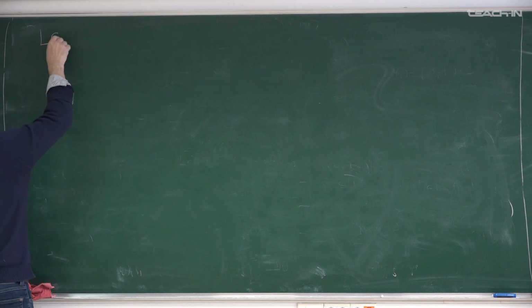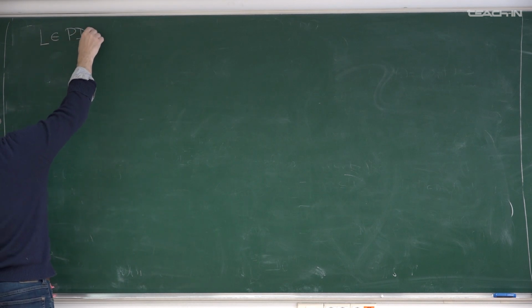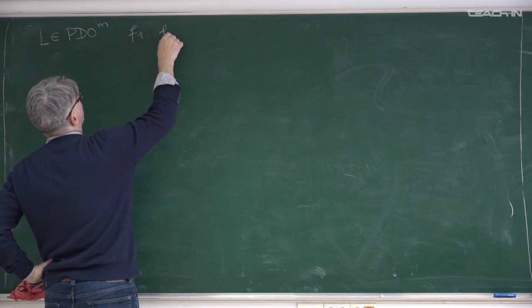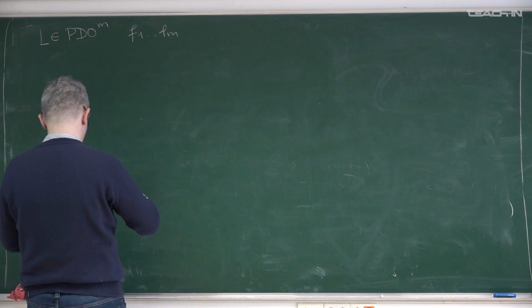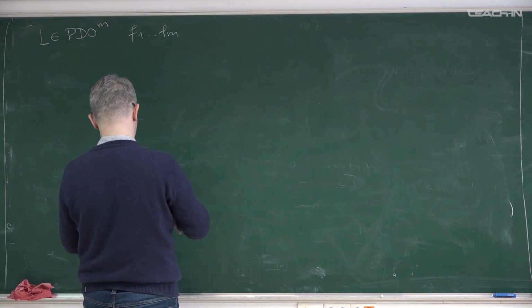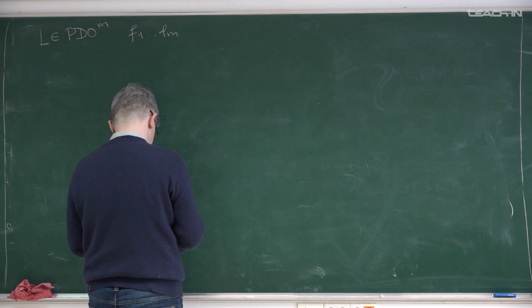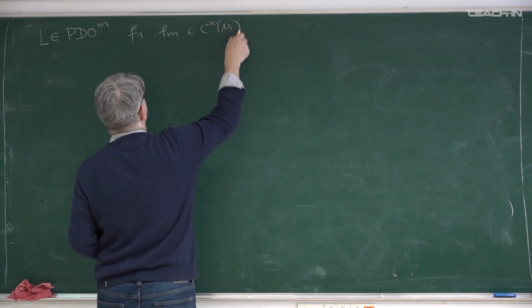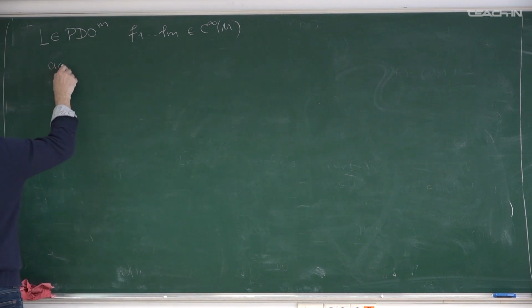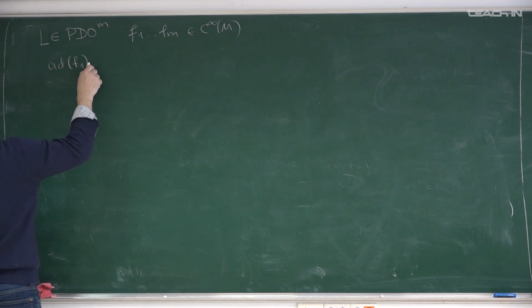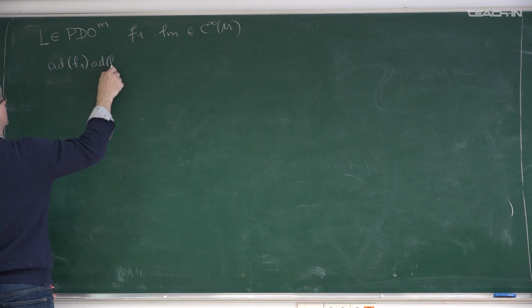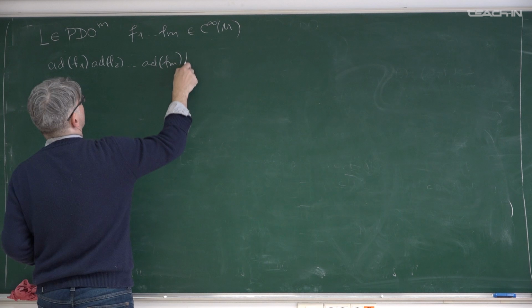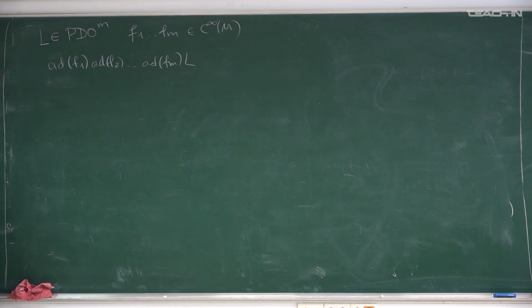Let L belong to partial derivative operators of order m. And let functions f1, etc., fm be smooth functions. Then I want to consider this expression. What do you think about this operator?